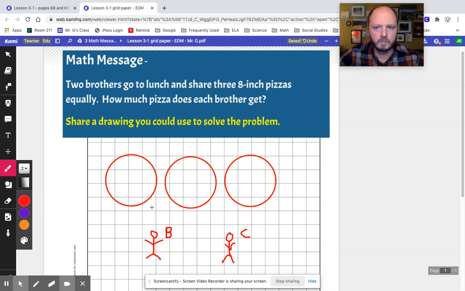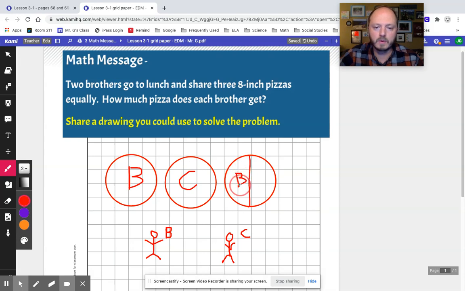So it's pretty simple here, right? We have 3 pizzas, 2 people. Each person is going to get, well, 1 whole pizza for Bryce and 1 whole pizza for Cole, right? And then they could split this other one in half. I didn't draw that half line perfectly, but that's okay.